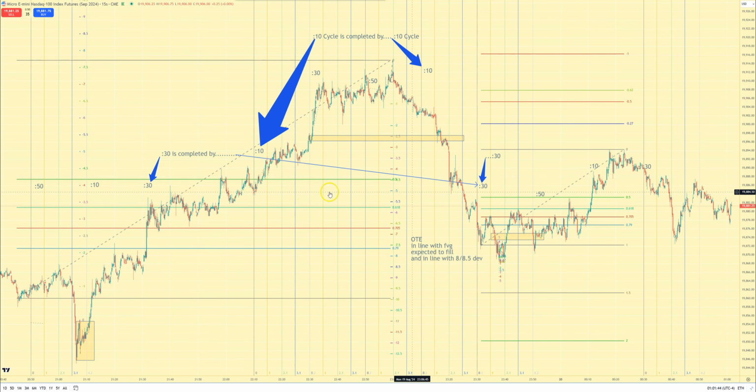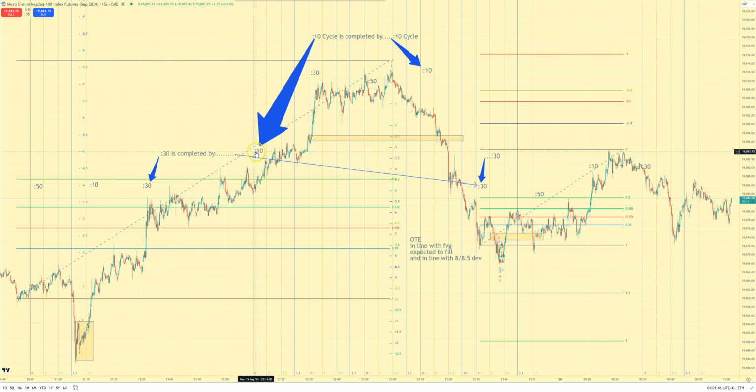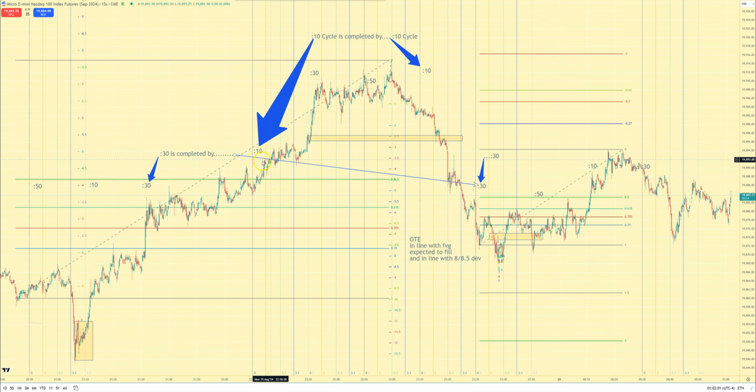See that? It took out the 10 cycle. So this 10 took out this original consolidation within the 10. This will be this area here, but it took out the entire 4-quarter cycle. Took it out.